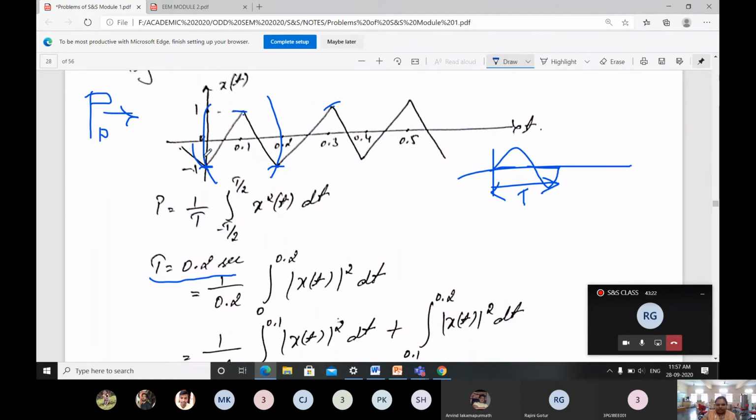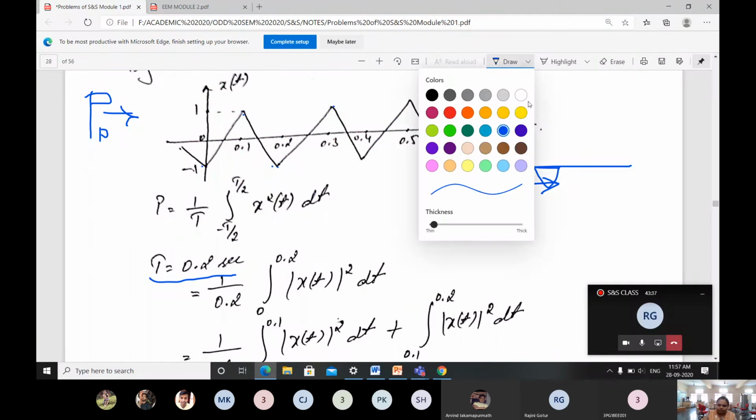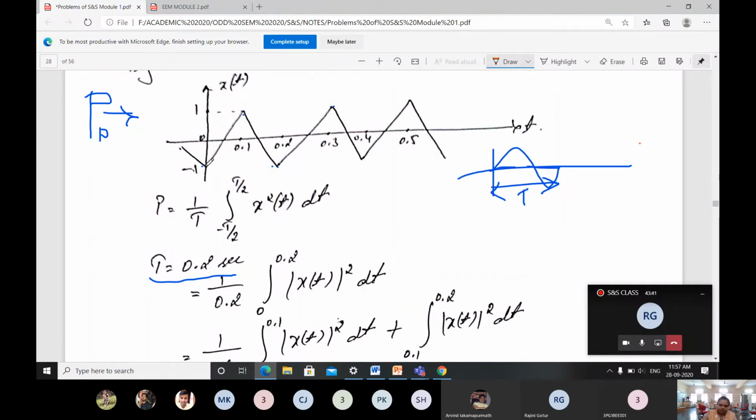Then again I am going to use the line equation from this point. From 0 to 0.1, what is the line?